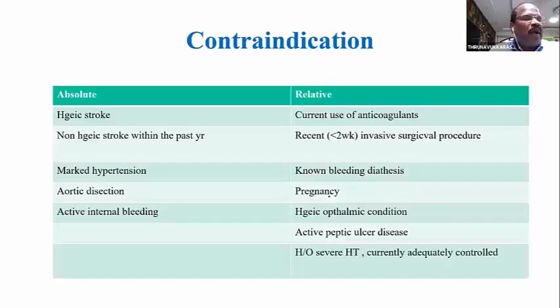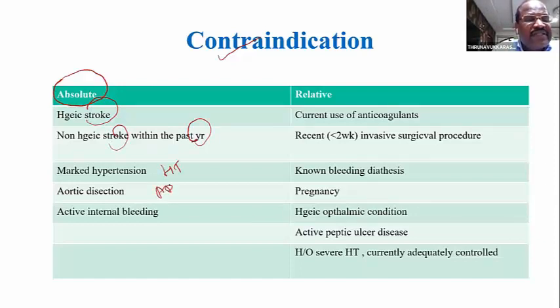While thrombolysing, the most important problem is that they cause bleeding, so be careful, there are some contraindications. What are the absolute contraindications for thrombolysis? For example, hemorrhagic stroke or non-hemorrhagic stroke within the past 1 year, marked hypertension, aortic dissection, and active internal bleeding.